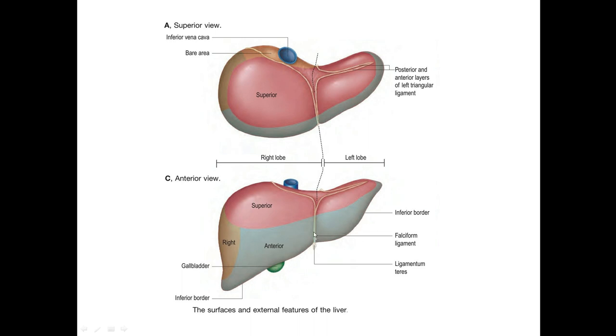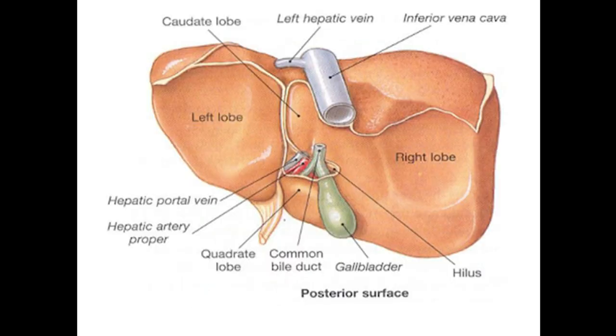One is the ligamentum teres, over here, and the falciform ligament which is coming from above. Here lies the gallbladder, and they are in relation with which border of the liver? The inferior border. So 3 surfaces and the inferior border. I hope it's clear to you. Now let's see from this side.